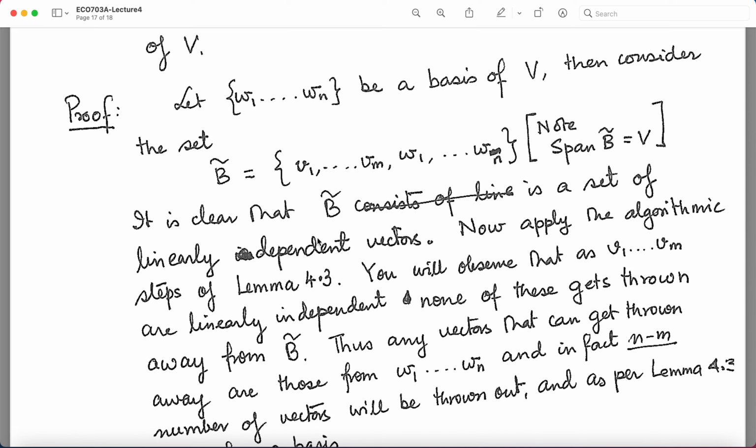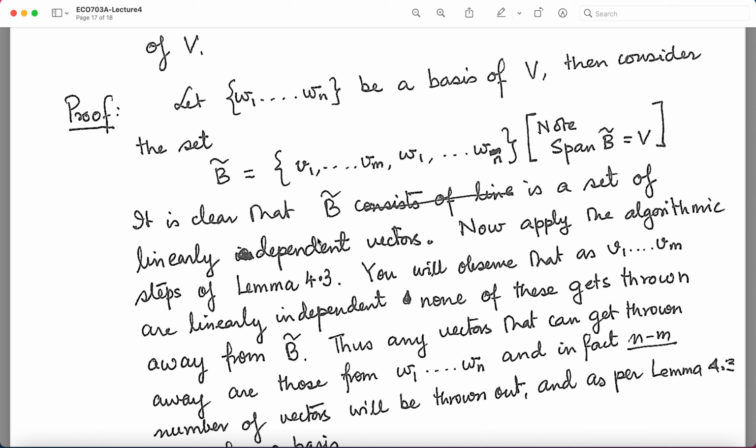Now, you see V1, V2, ..., Vm are linearly independent. V1 must be non-zero, because it is among the linearly independent set of vectors V1, V2, ..., Vm. You take V2; V2 and V1 cannot be linearly dependent on each other, because then the whole V1, V2, ..., Vm would become linearly dependent. So, when you throw out vectors, V1, V2, ..., Vm cannot be thrown out from B tilde.